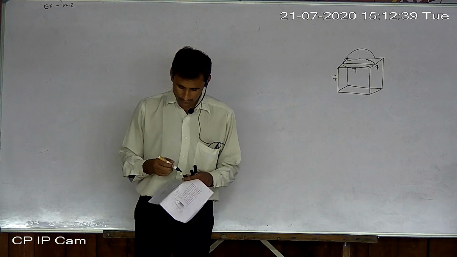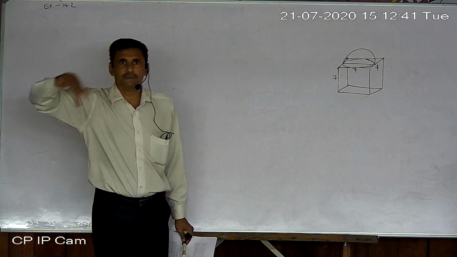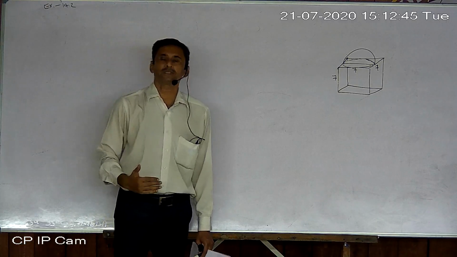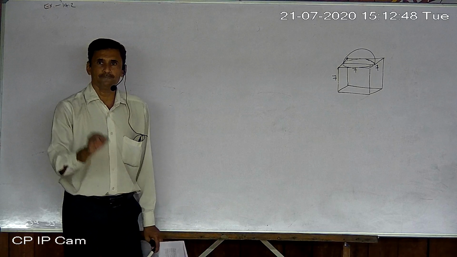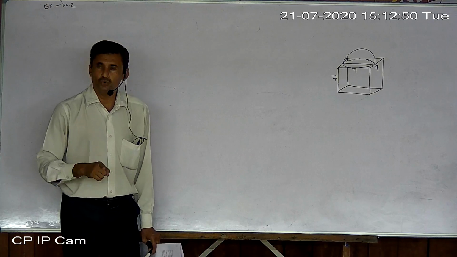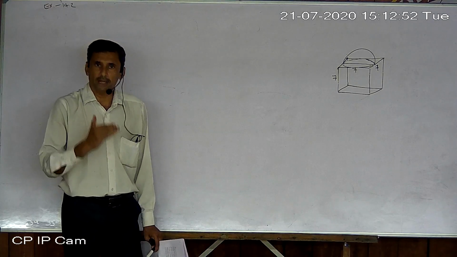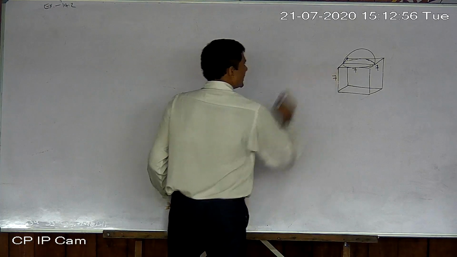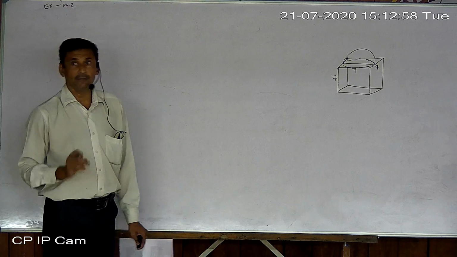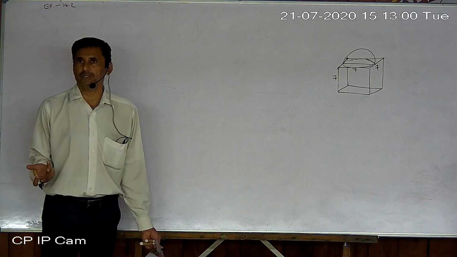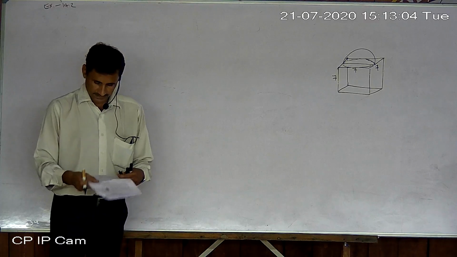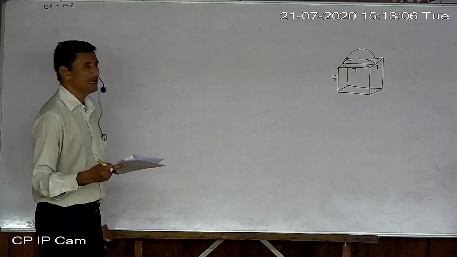We want to place the maximum size of hemisphere on the surface of the cube. So obviously the hemisphere diameter should be equal to the side of the cube, so the diameter of the hemisphere should be 7 only. Then only it becomes of maximum size. So the first answer we got directly.